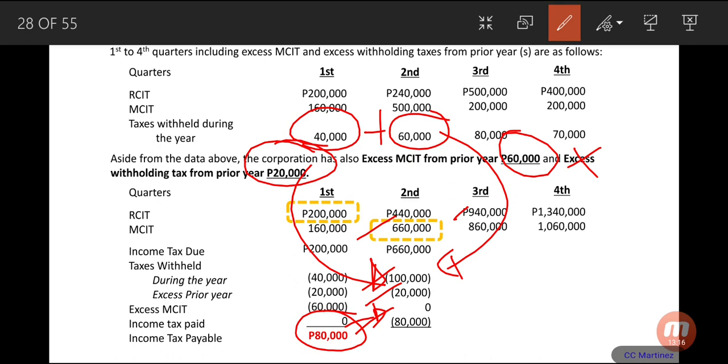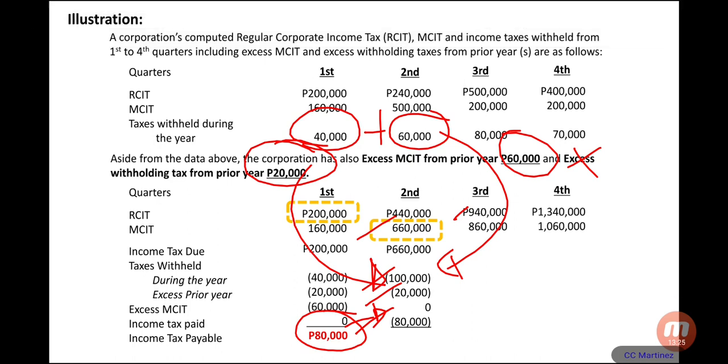Total income tax payable for second quarter, magkano? Answer? 460,000. So, ang babayaran ng corporation for the second quarter is 460,000. Okay.